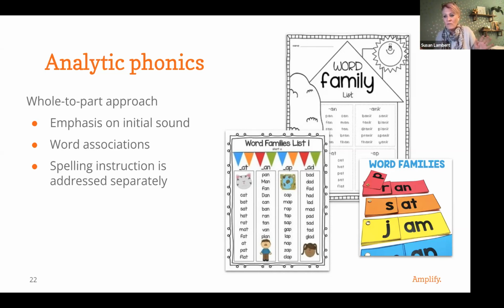Now, this isn't true of all analytic phonics programs, but remember, analytic phonics comes from a whole word approach and then starts to break that down. Most analytic phonics programs that I have seen actually don't pay attention to all the sounds within the words and how those sounds work differently.